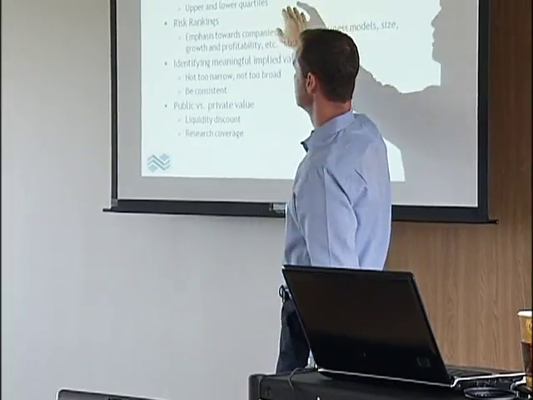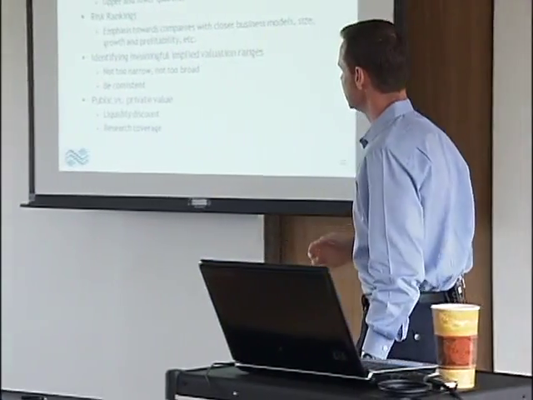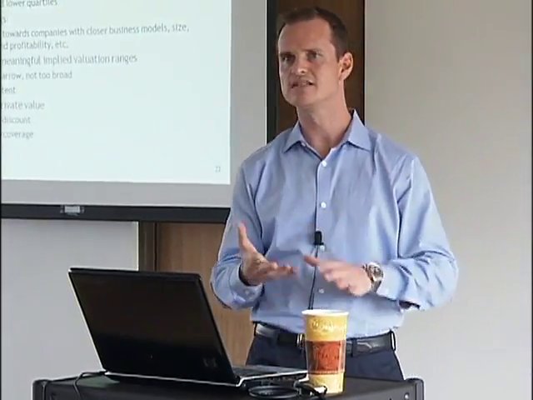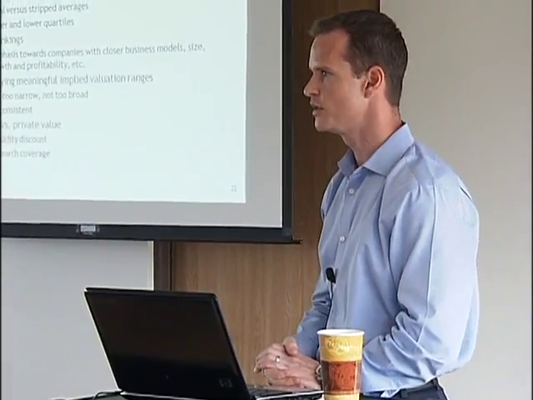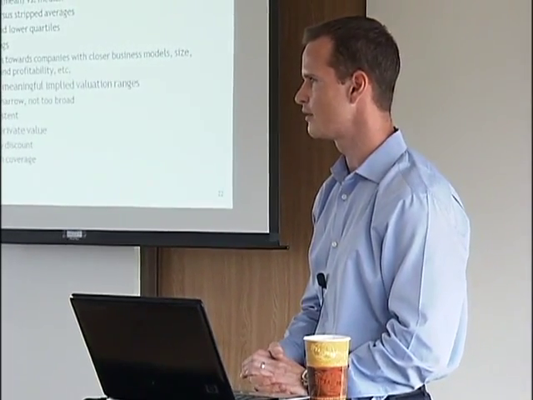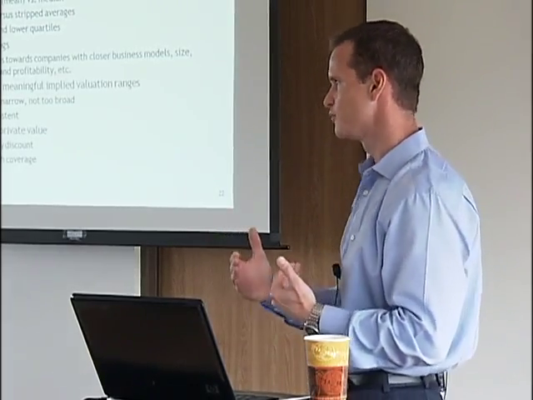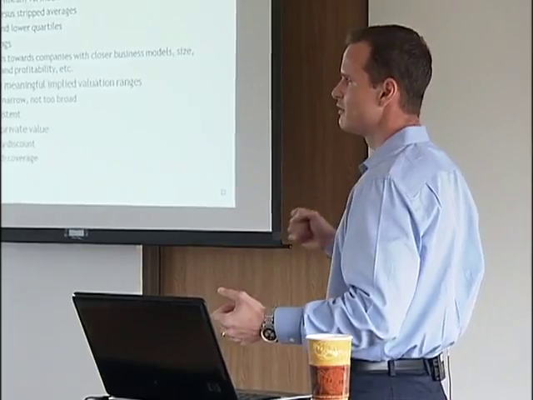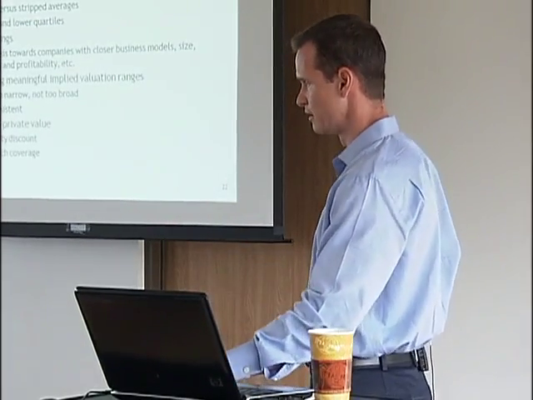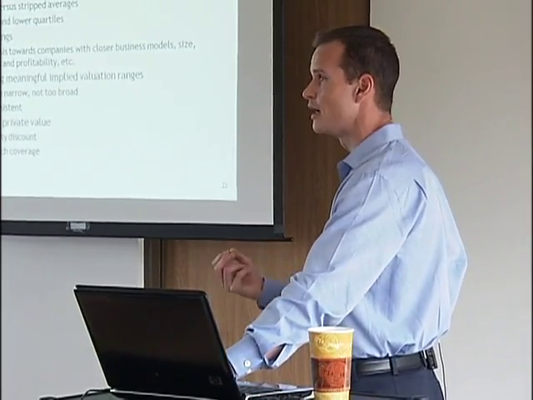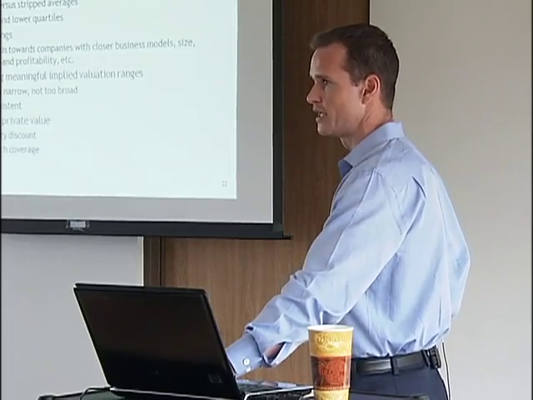And then again, upper and lower quartiles. Most of the data in our model, I didn't see really any outliers. There was a pretty normal data set from what I could gather. But again, if most of the companies are valued between 1 and 1.5 times revenue, and there's one that's 3 times revenue, we'd want to at least understand it and figure out whether it was an outlier and we needed to take it out of our data set.